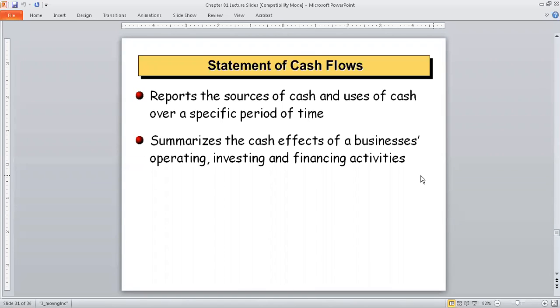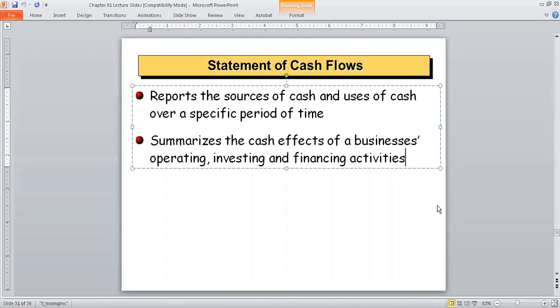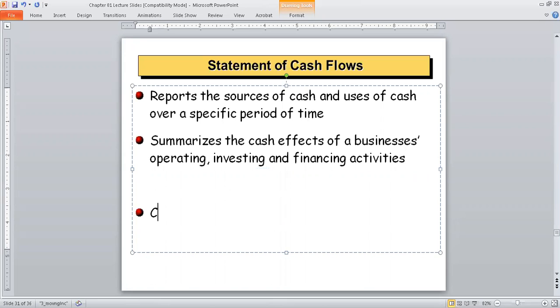It's a very different financial statement than the income statement, the retained earnings statement / statement of stockholders' equity, and the balance sheet. Because the statement of cash flows uses and follows the cash basis of accounting.